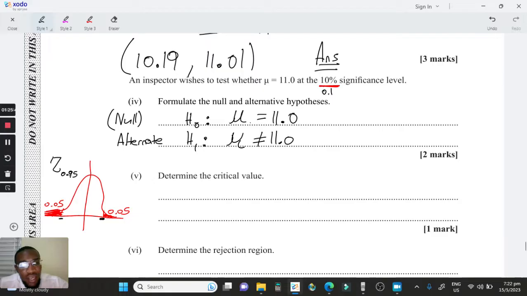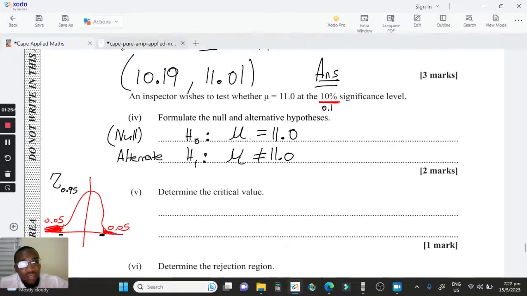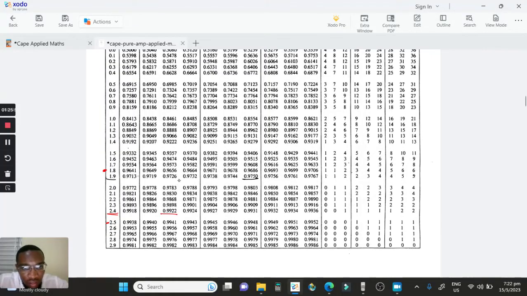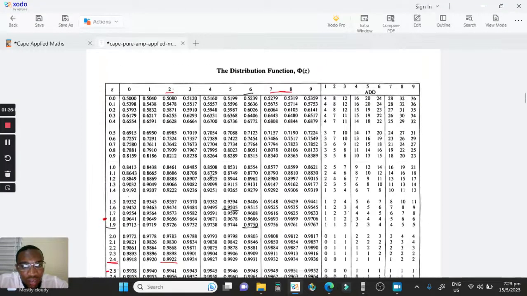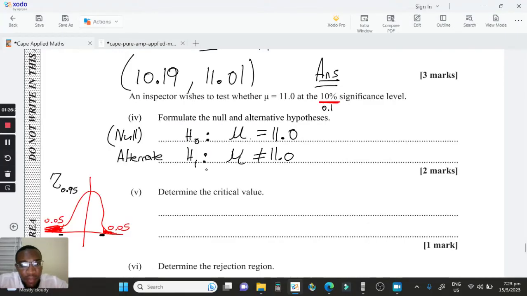So we're looking at 0.95 in the table. 0.95 is in between, and this looks like 1.645. Notice it's at 95% when the Z value is 1.645. So the critical value is 1.645.